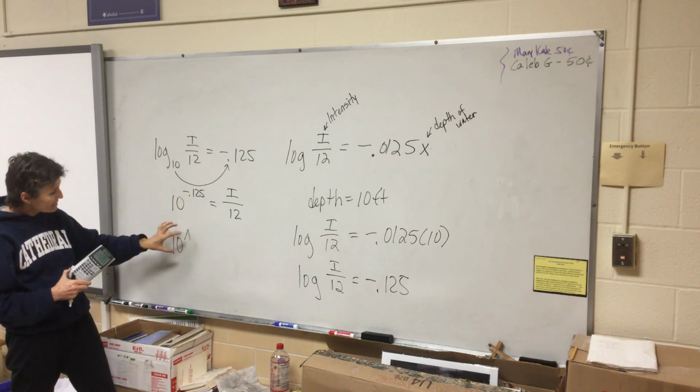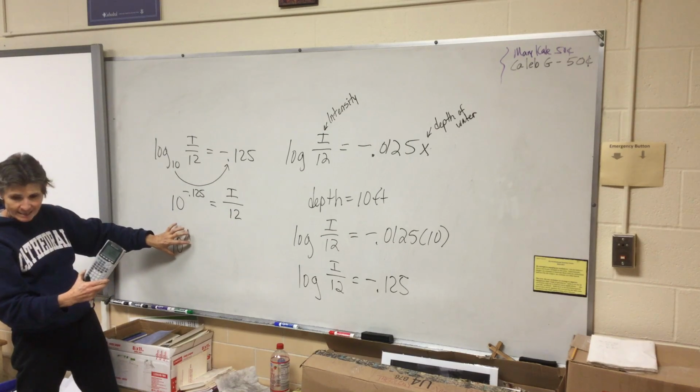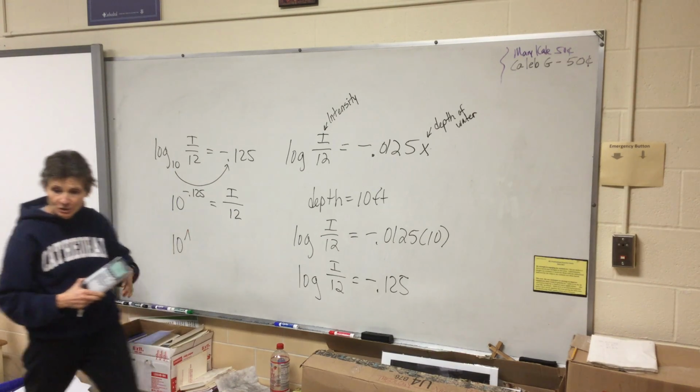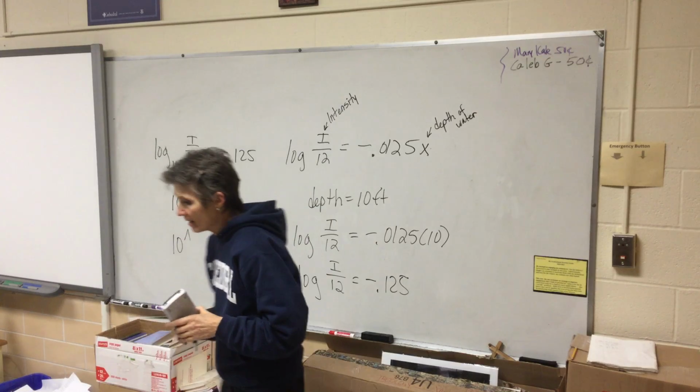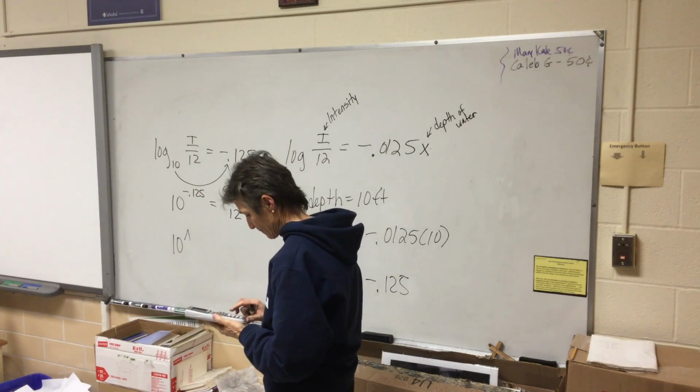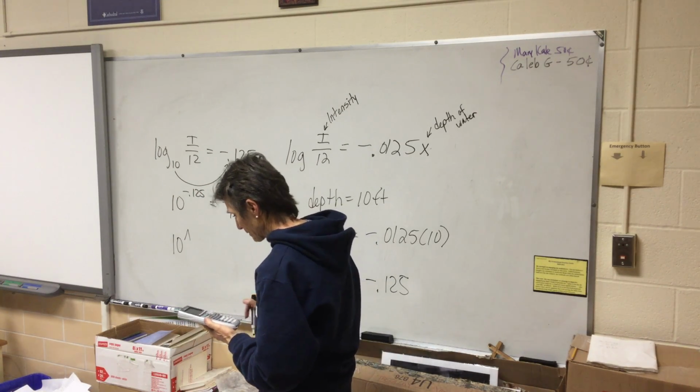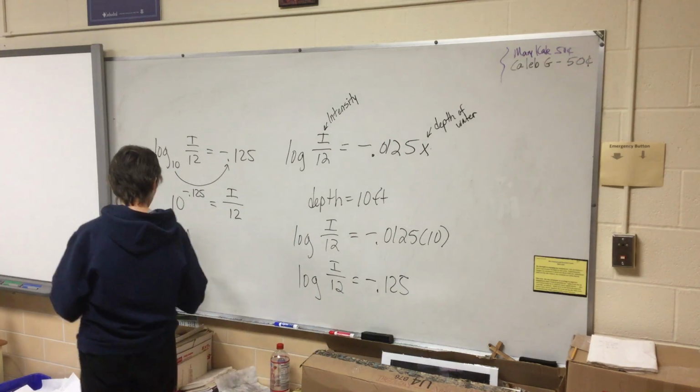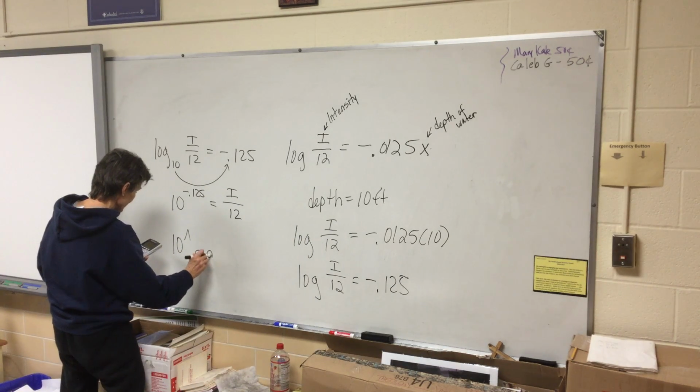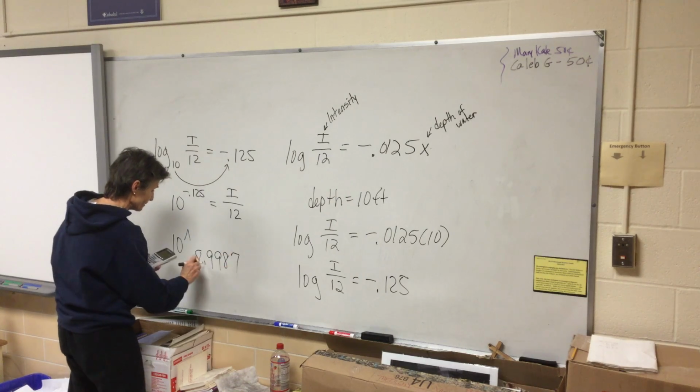So after I type this in and I get this decimal 0.7 something, what am I going to do to it to get I by itself? Times 12. Yep. And the answer is 8.9987.